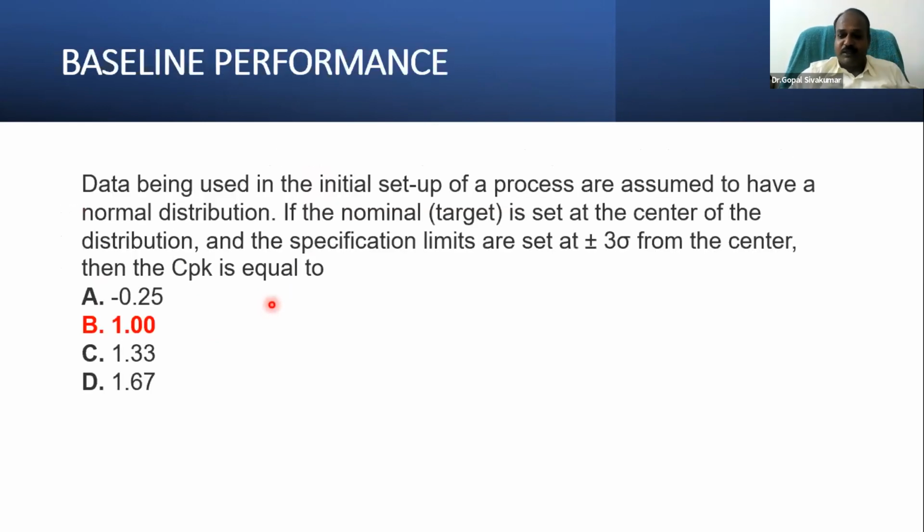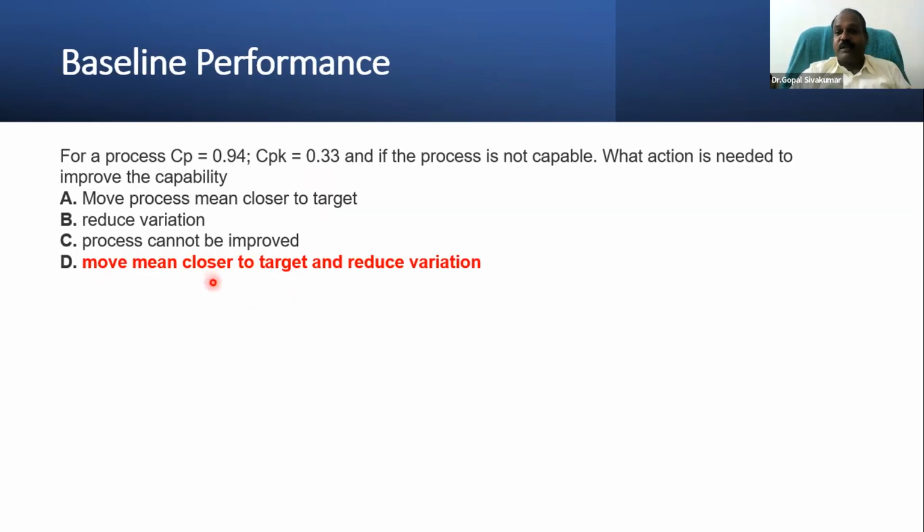Now automatically all the technical thinking will happen. Oh, this fellow is asking to move the mean, but how can I move the mean? Do something properly. And now why do I use the term reduce variation? What is the logic behind using the words reduce variation? See, the statement as we have framed, CP, CPK only.